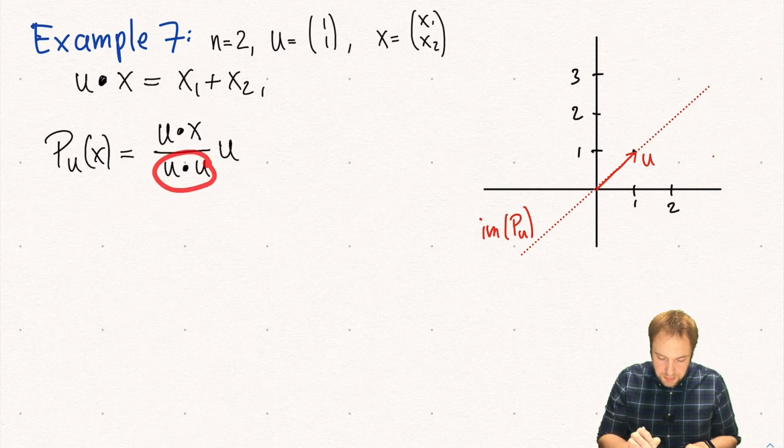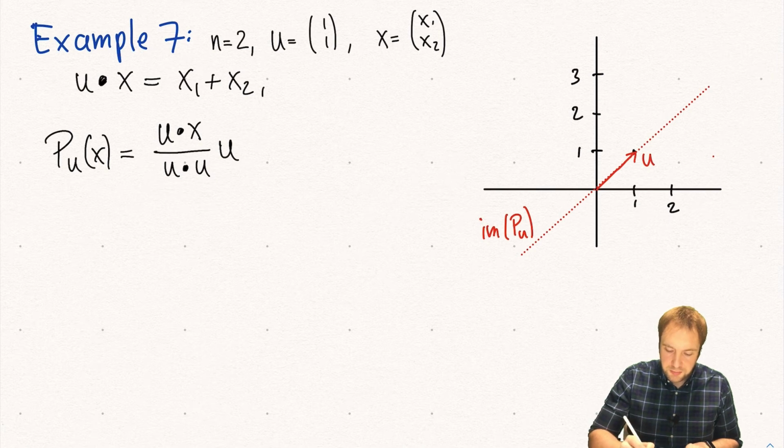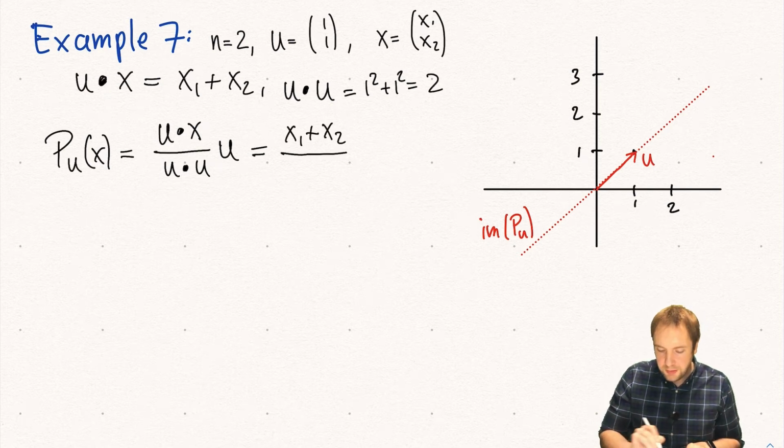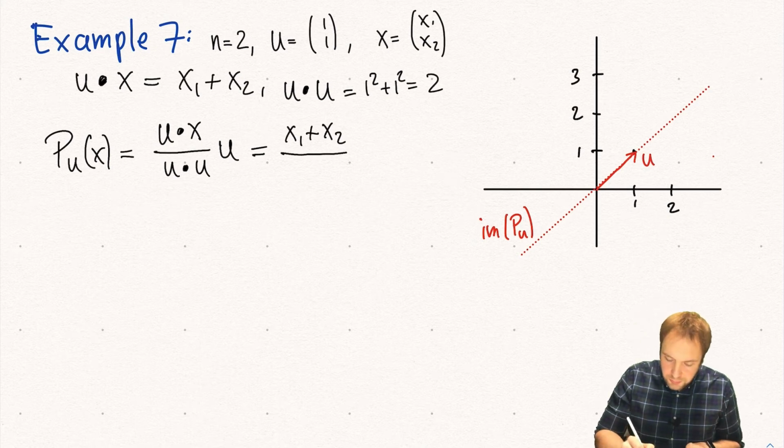And so this would give this entry here. And what is this entry here? Well, this is just the dot product of u with u. So it's just 1 times 1 plus 1 times 1. So it's 1 squared plus 1 squared, which equals 2. So therefore we can plug it in here. The numerator is x1 plus x2, this is a number, and the denominator is 2.